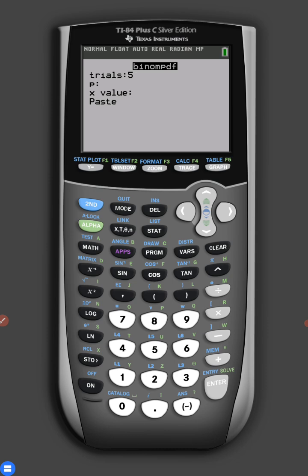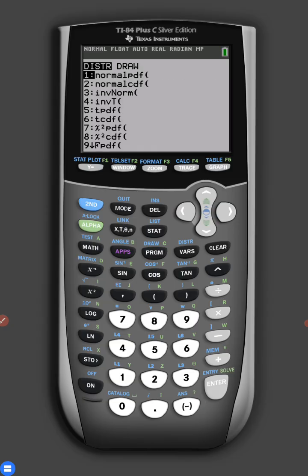What's the probability of winning? 0.75. And then the X value here is 1 because that's how many games I'm wanting to win, right? So when I put that in, it does all the calculations for me, and it spits out that my probability is 0.0146.